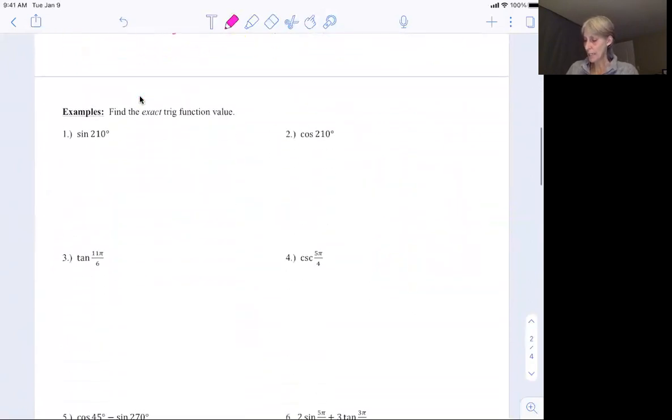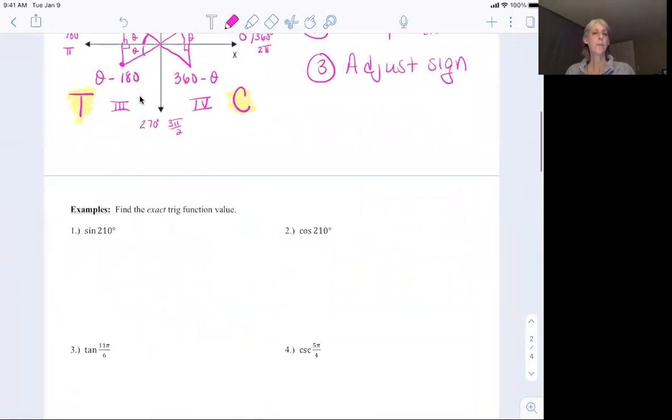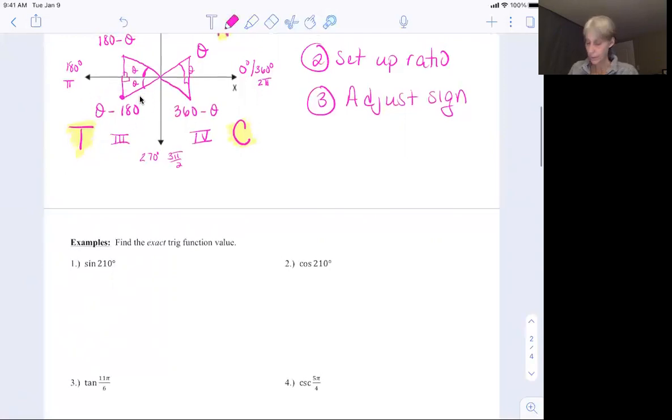So we're going to find the exact trig function value for each of these. Okay. So we have to find the reference angle. We want to set up the function value for the sine of 210 degrees. Okay, so I think in my head, 210 degrees, what quadrant would that be in? Well, it's an angle between 180 and 270. So to find that reference angle, I use this, right?